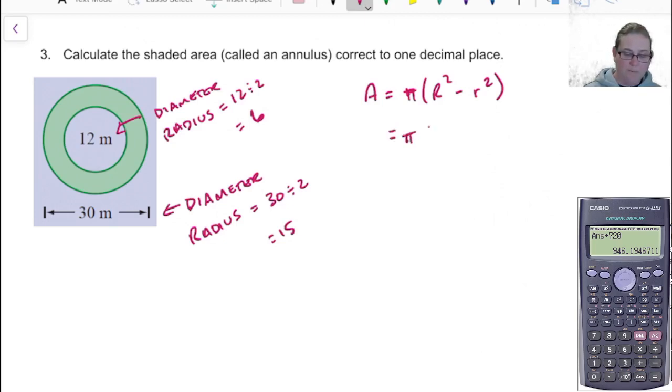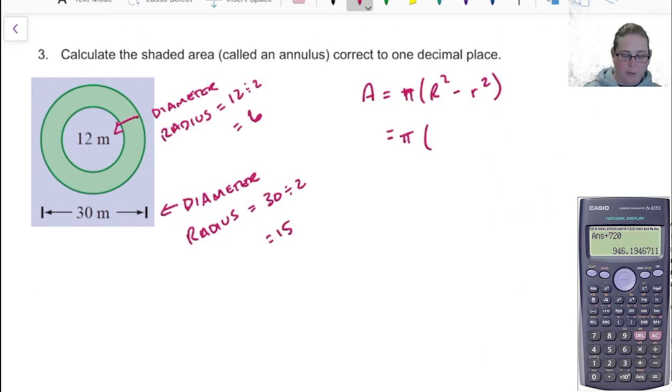So we've got pi, again, in a bracket outside of that bracket. And now we want 15 squared minus 6 squared. And we can just use these bracket keys to help us put this together.